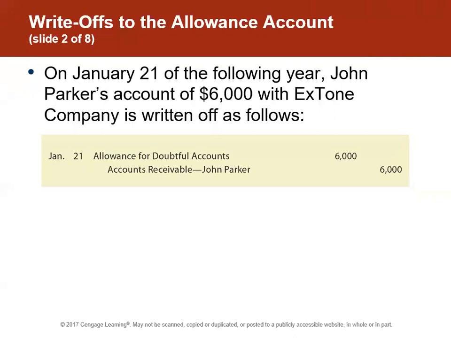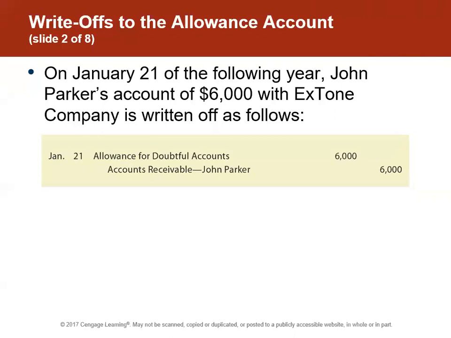Okay. So that's affecting my allowance for doubtful accounts, isn't it? So now I'm saying of all of what I estimated, 30,000 total, well, 6,000 of that is John Parker's account. So it's not affecting what we call our net realizable accounts receivable. Okay, and I'll show you why.